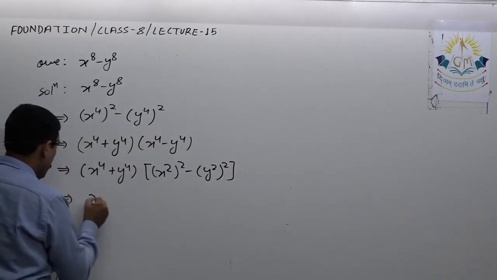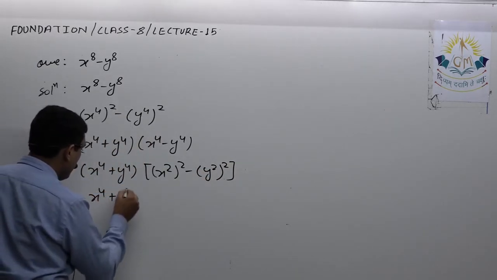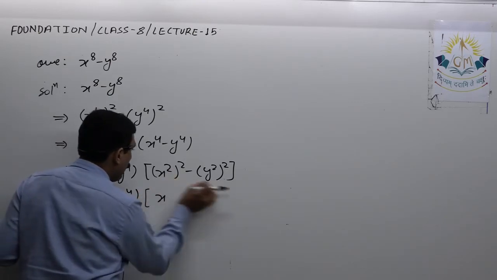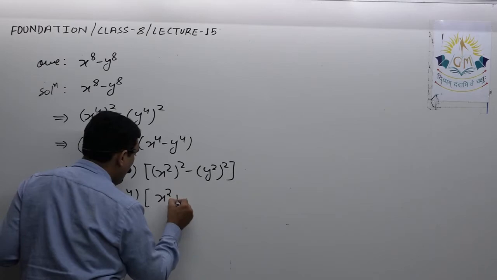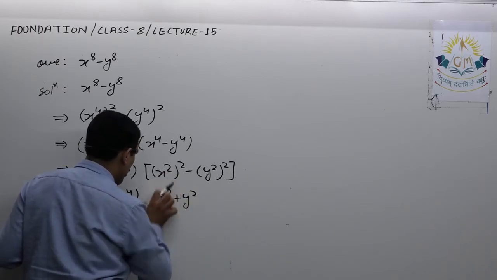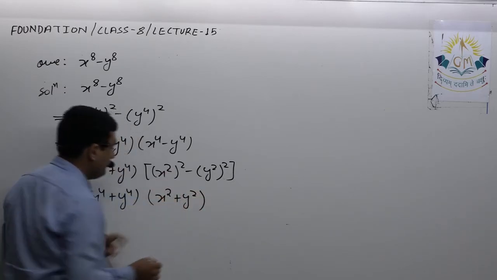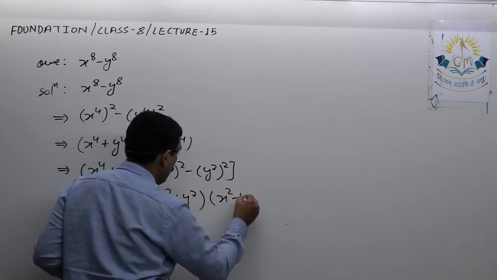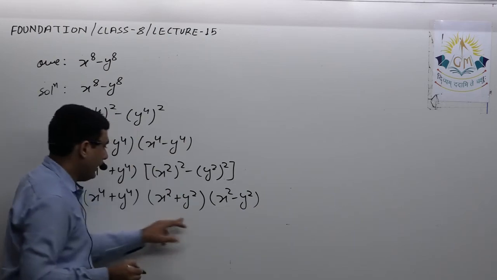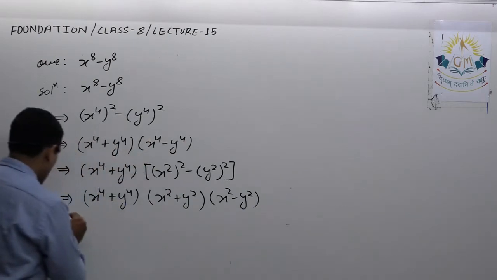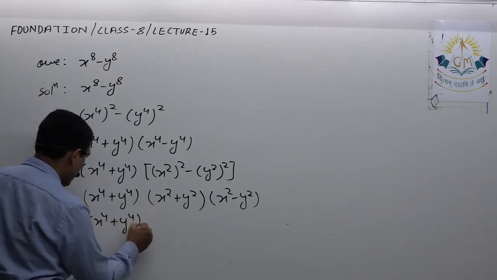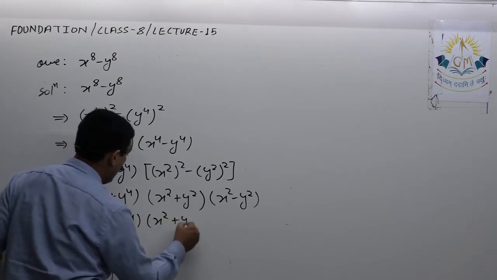So here I get x raised to 4 plus y raised to 4, and over here again a square minus b square, so (a plus b)(a minus b), that is (x square plus y square)(x square minus y square). The x raised to 4 plus y raised to 4 stays as it is, and x square plus y square stays as it is.